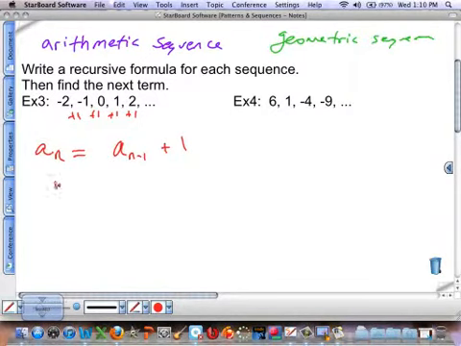With a sub 1 equal to what? What does a sub 1 equal, guys? Caitlin? -2. So with recursive, you always have to be told where to start.